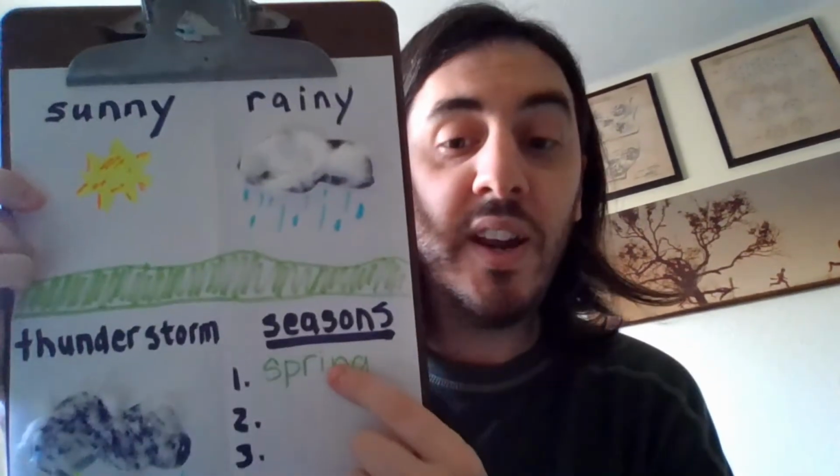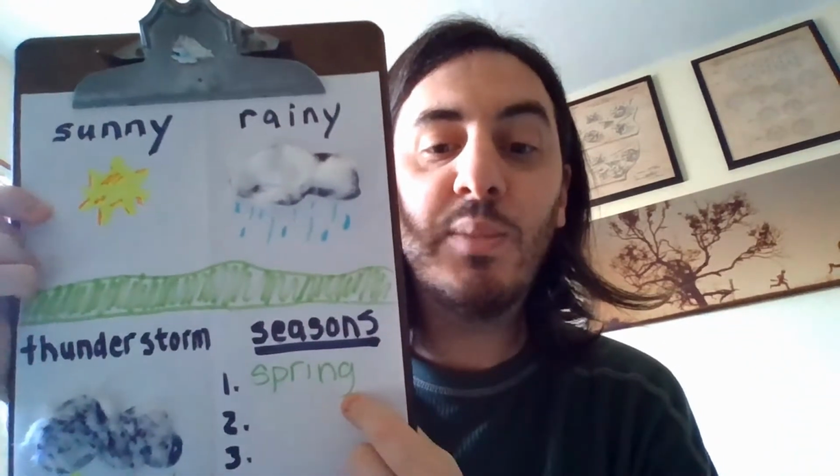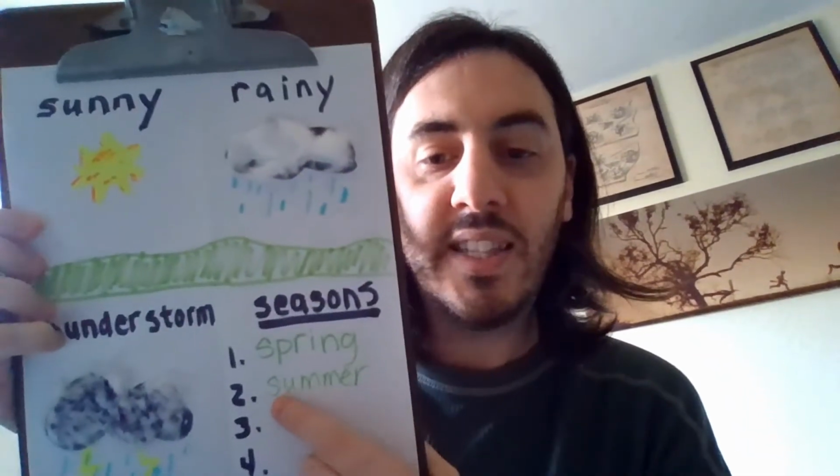You could do any color marker or crayon. Spring. S-P-R-I-N-G. Then we're going to do summer. Summer is the hot weather where we're wearing shorts. That's S-U-M-M-E-R.